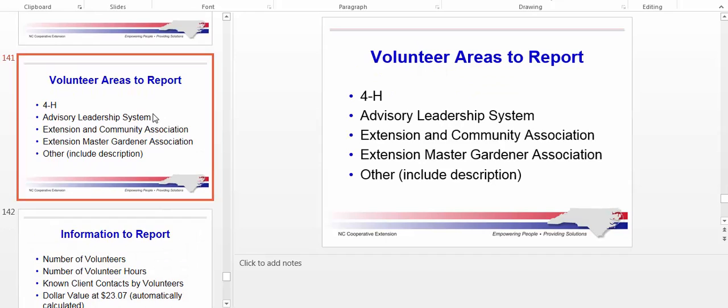These are the areas to report under 4-H. Our advisory leadership system, that includes our county advisory council, program committees or councils, our specialized committees, councils, Extension and Community Association that support our FCS programming, Extension Master Gardener Association, and others, which you need to include a description of who the others may be.